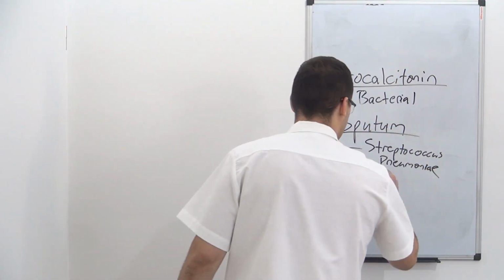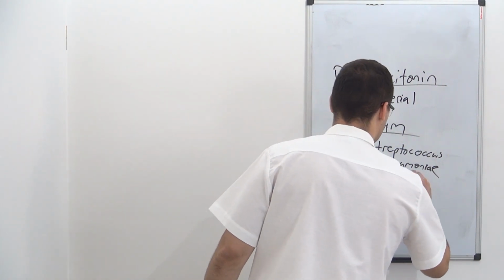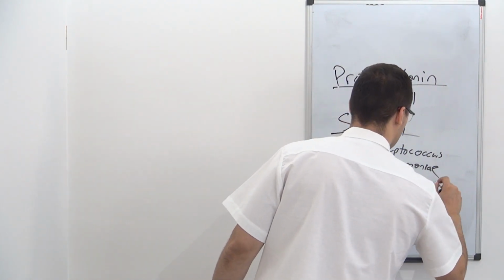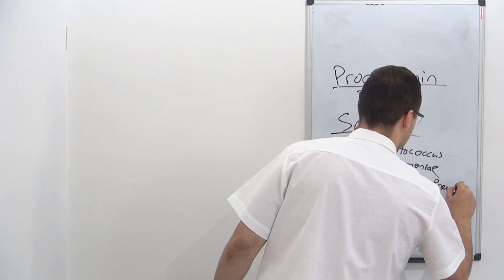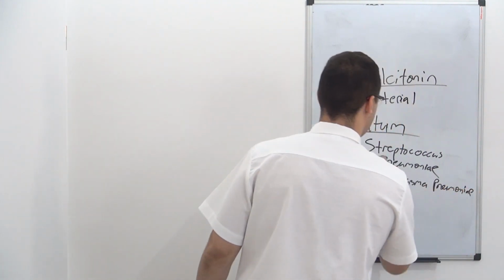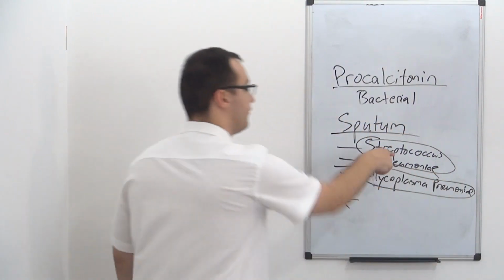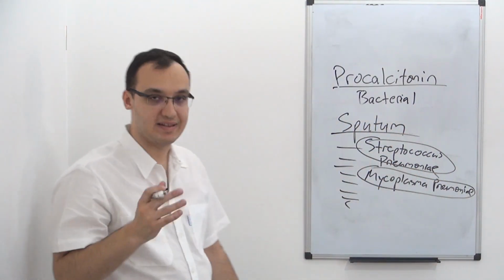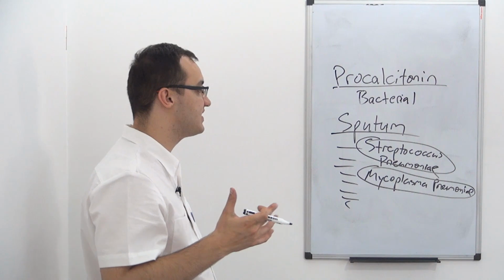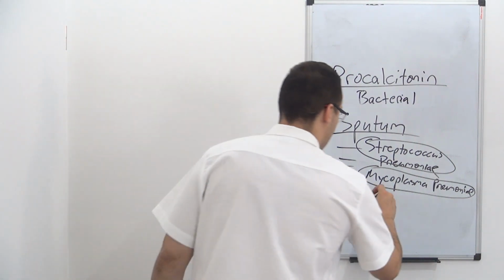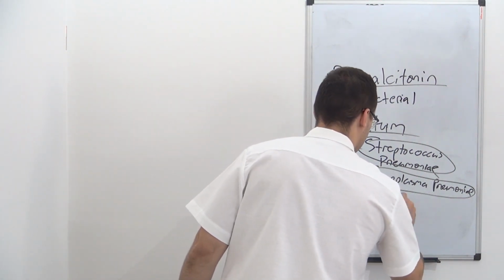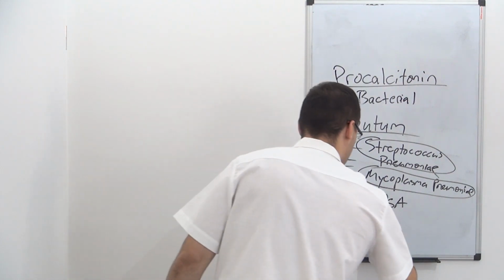Mycoplasma pneumoniae is another one which is common. These two are the most important, especially the first one, Streptococcus pneumoniae. But we are also interested in some severe infections like MRSA or Pseudomonas.